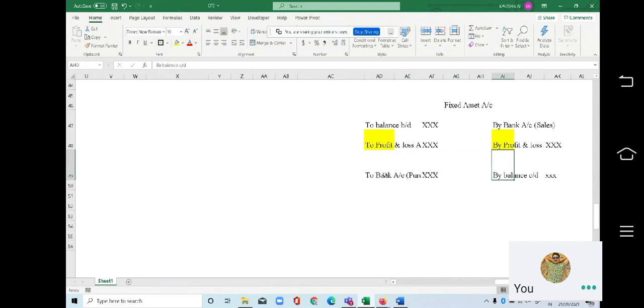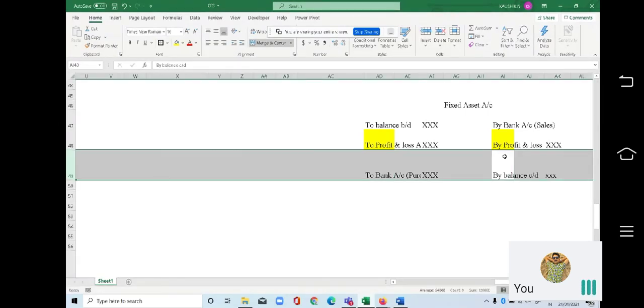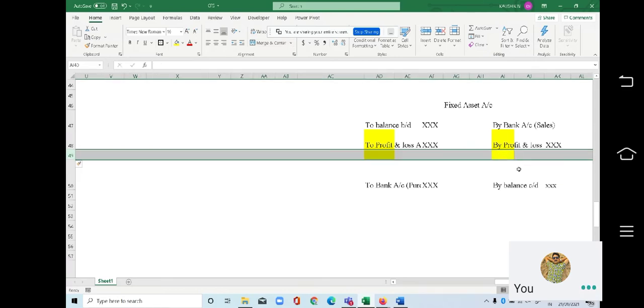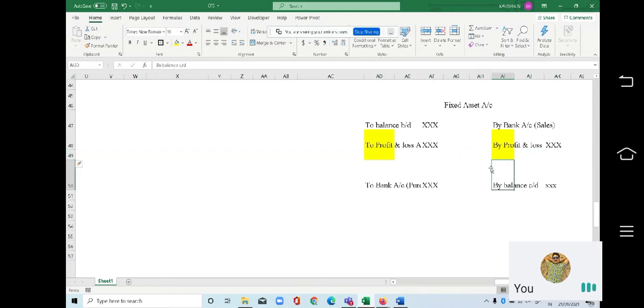Whereas if the same balancing figure comes on the credit side, I'll repeat it, then it is denoting the amount of depreciation.